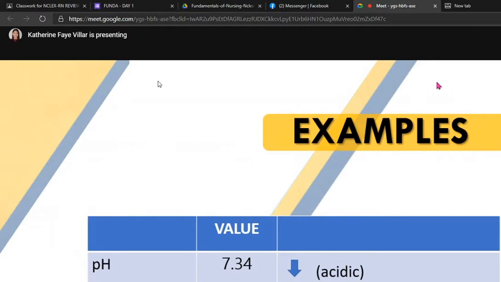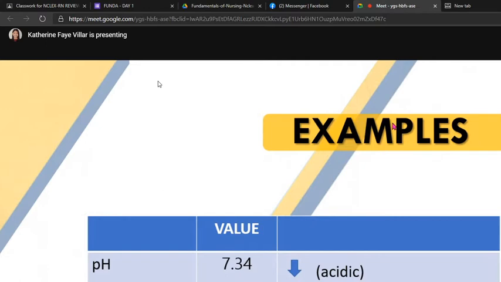Kapag mas mataas ang PCO2, acidic. Okay. Ang partner dito, para hindi po kayo malito, ang sinabi ko kanina na partner is yung value, 'di ba?